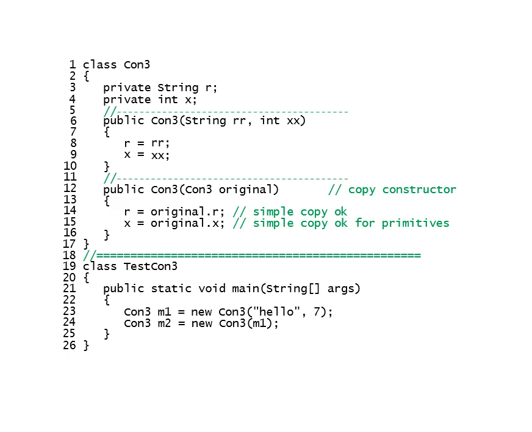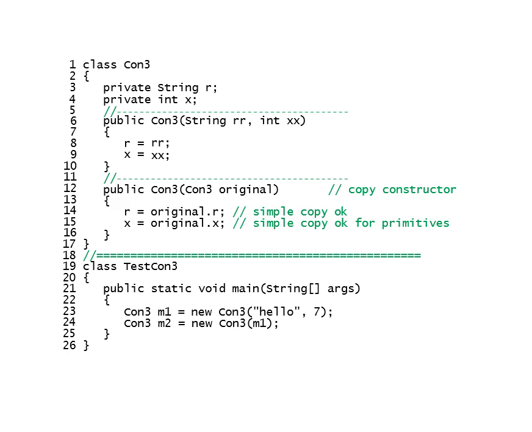So RR on line 6 receives a pointer to a string object that contains hello, and XX receives 7. All right, and then the assignment statements on lines 8 and 9 initialize R and X so that R points to the string object that has hello in it, and X contains the int value 7.